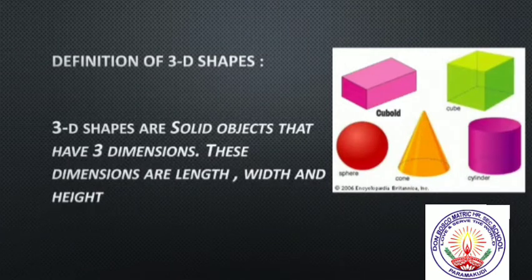See this picture: cuboid, cube, sphere, cone, cylinder. These shapes are examples for 3D shapes. Then we are going to study the characteristics of these shapes.